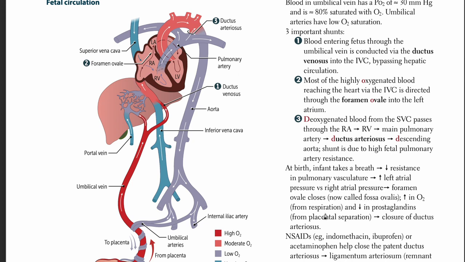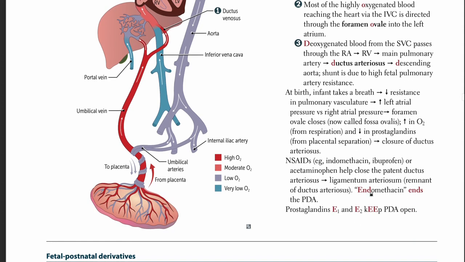Okay, so increase in O2 from respiration and decrease in prostaglandins from placental separation will lead to closure of the ductus arteriosus. This is an important line. Okay, so you need a decrease in prostaglandins for that, and you need closure.